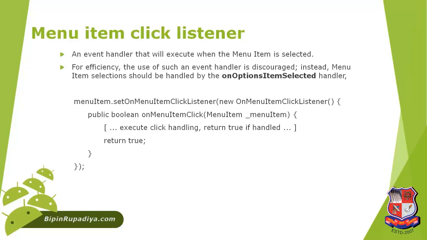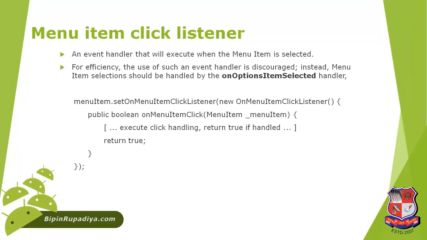Another one: how can you set the listeners to the menu item? You should always utilize onOptionsItemSelected whenever you have created an option menu. If you are working with a context menu, you need to utilize onContextItemSelected.